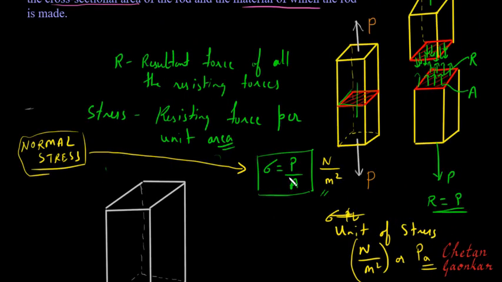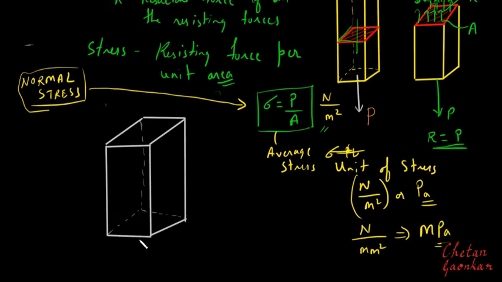Truly speaking, the expression which we had obtained here is for average stress. But this might not be true in all the cases. For example, if I apply the force P here, and this cross section which we have taken is very close to this applied force P, then the stresses will not remain the same at all the points.